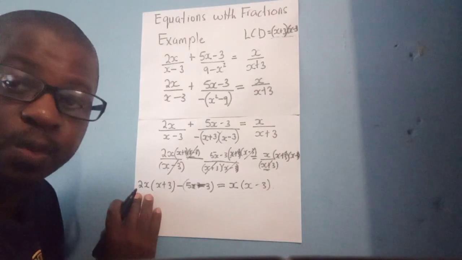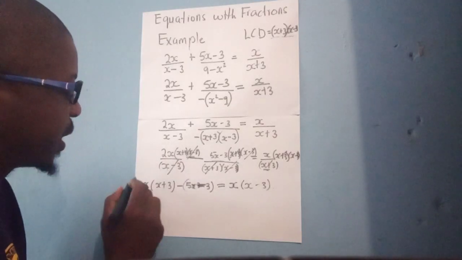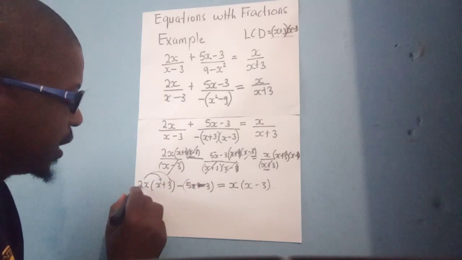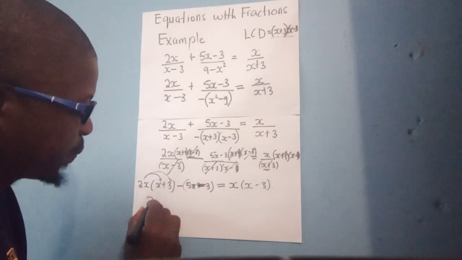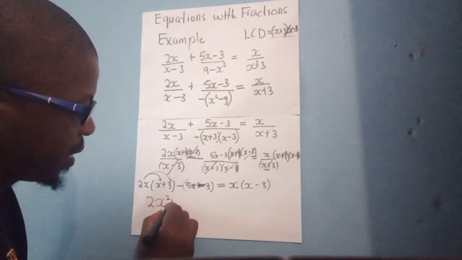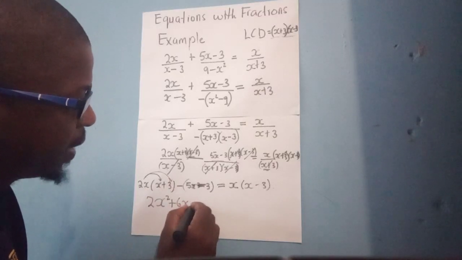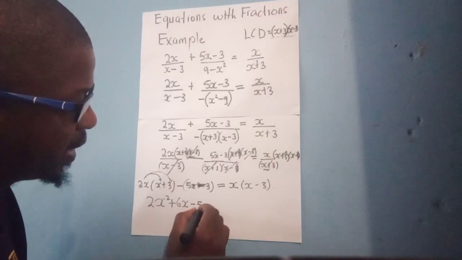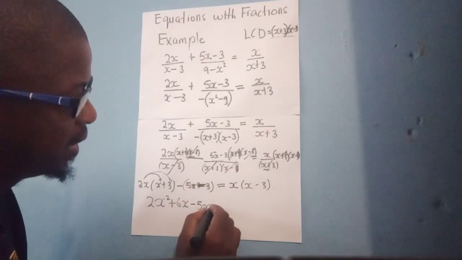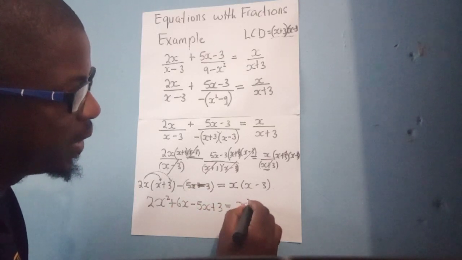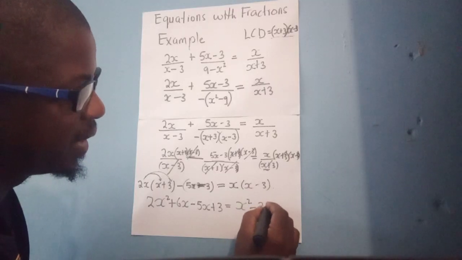I'm going to remove the brackets by multiplying this one here and that one here. This gives us 2x squared plus 6x minus 5x. This one is a negative, now becomes a plus 3, is equal to x squared minus 3x.